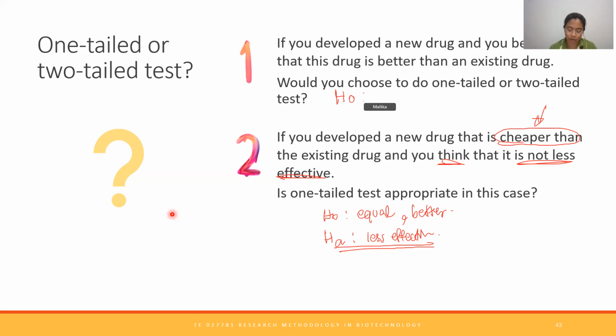So go back to that one. That one, H-naught, will be to say that the drug is better, correct? And your H-alternative would be that it has an equal effectiveness and less effectiveness.